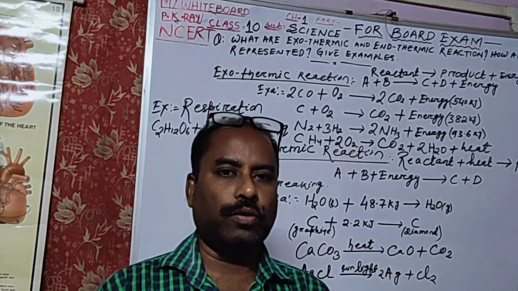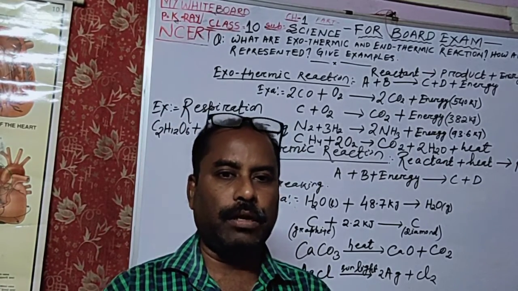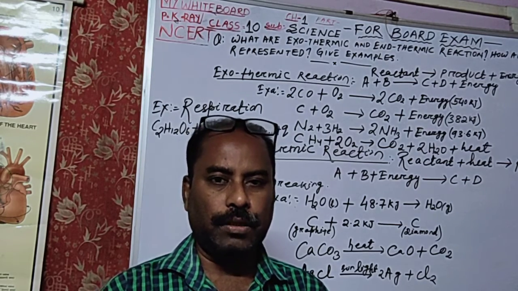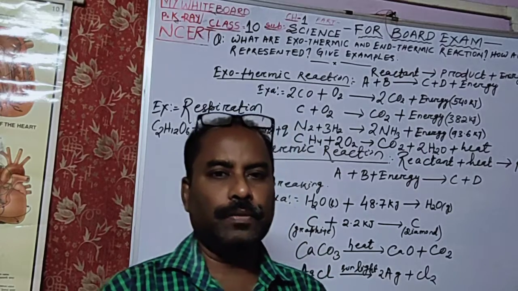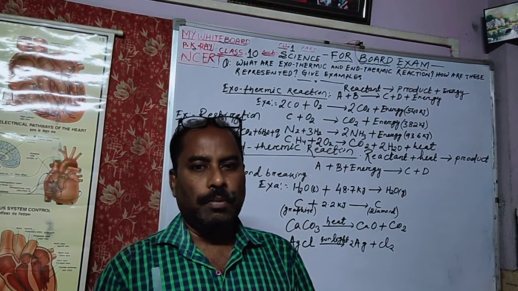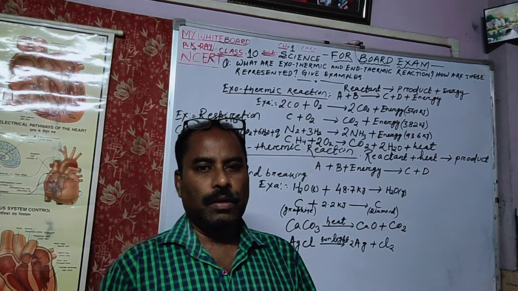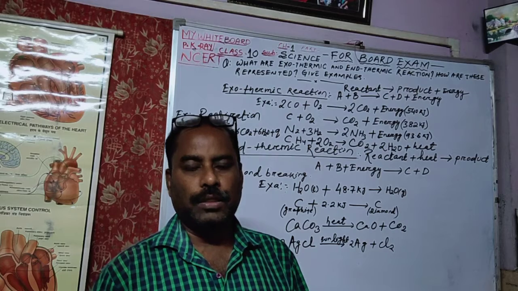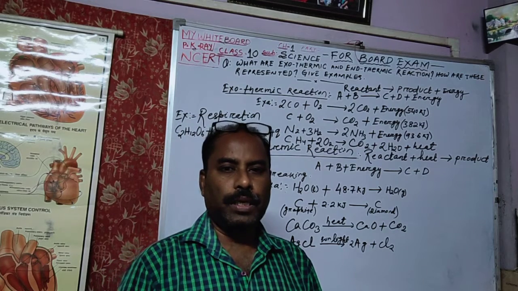Let us first discuss what is called the exothermic reaction. Exo means out, thermic means heat or temperature or energy. So the chemical reaction during which heat energy or energy is evolved on the product side along with the product, that type of reaction is known as the exothermic reaction.